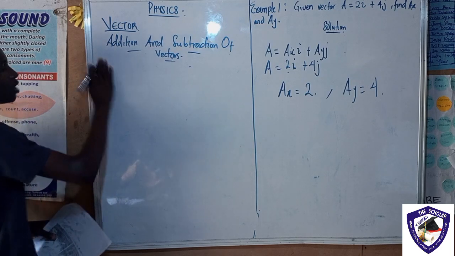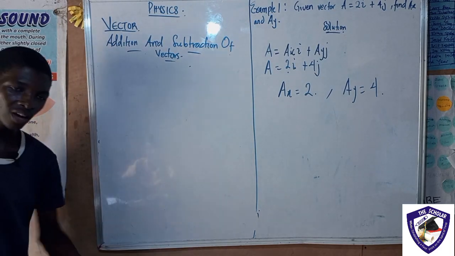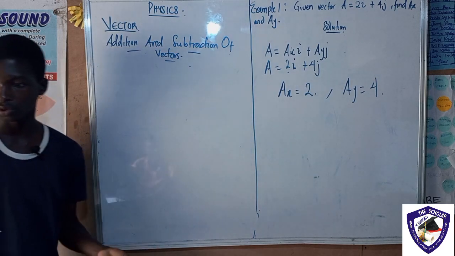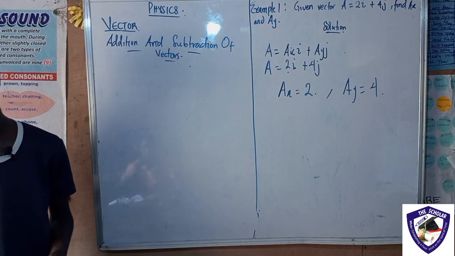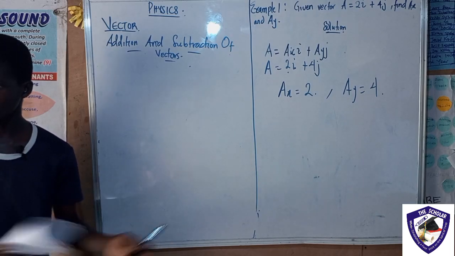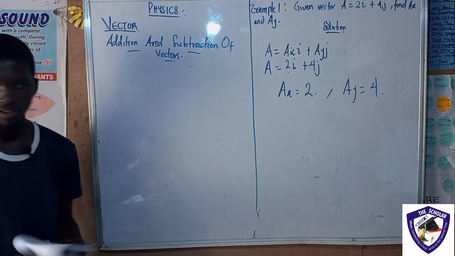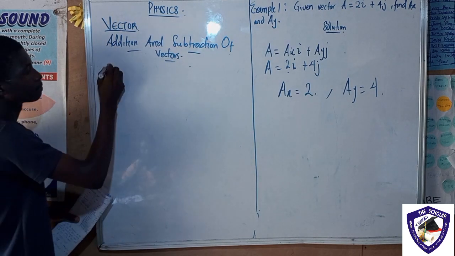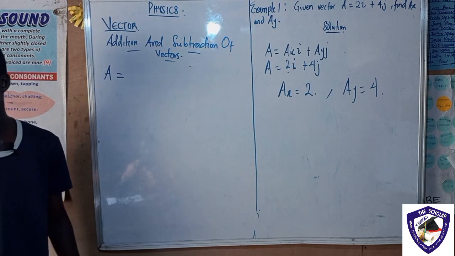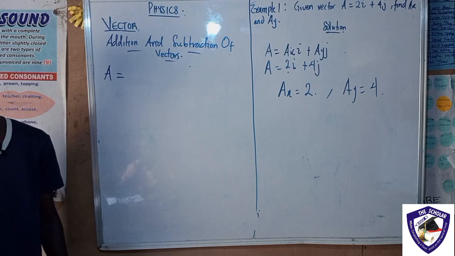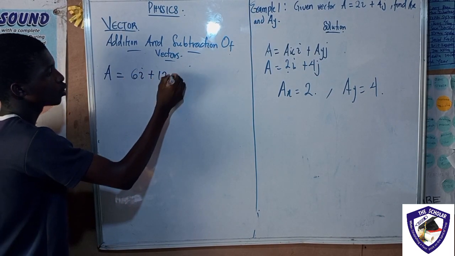I said something earlier about 2-dimensional and 3-dimensional vectors. Now, addition and subtraction of vectors here is about adding two or more vectors together and subtracting a vector from another vector. Let us say, for example, vector A. Can anyone give me an example, a 2-dimensional vector? Okay, that is 6i plus 12j.